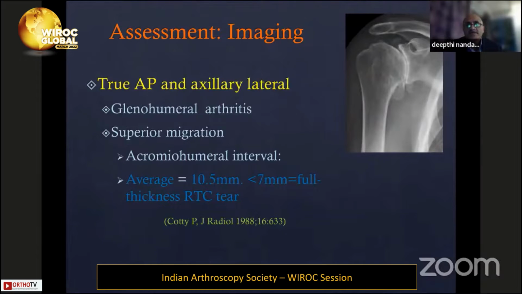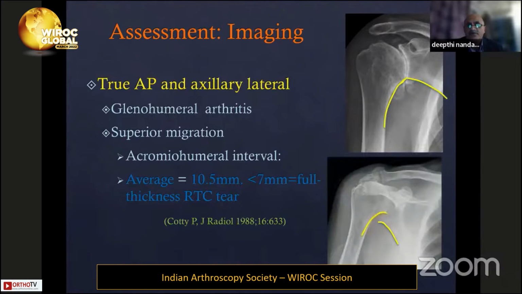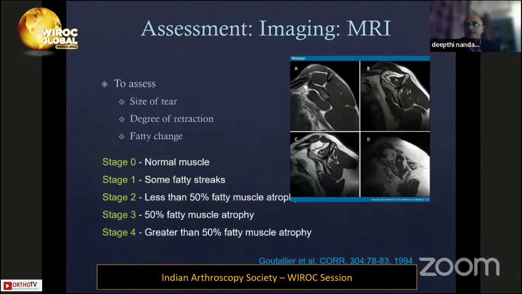Imaging wise, always look for any superior migration, any arthritis, and also look for the Gothic arch. If it is broken, that will tell you if there is any superior migration. And MRI is mainly for diagnosing the size of the tear and the size of the muscle, but it is not used for a primary diagnosis of a rotator cuff tear.